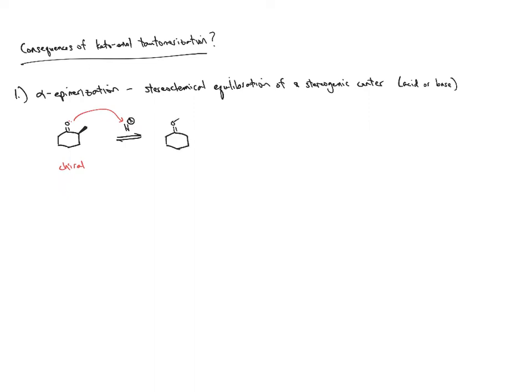That gives us a protonated carbonyl, which then undergoes a keto to enol tautomerization to give us this species. This species is now achiral. And so we've lost our stereogenic center.